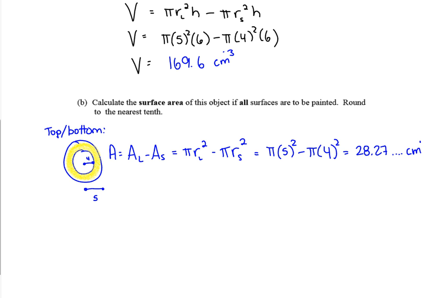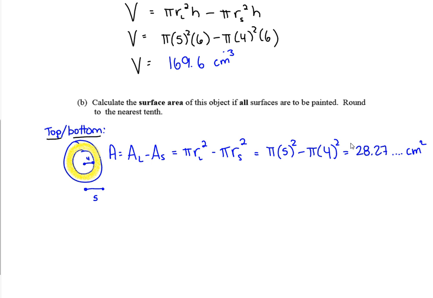Units with centimeters squared. Okay, so what else is exposed on this shape? Oh, one more step. Yes. Multiply by 2. Okay, why? Top and bottom, right? They're the same.